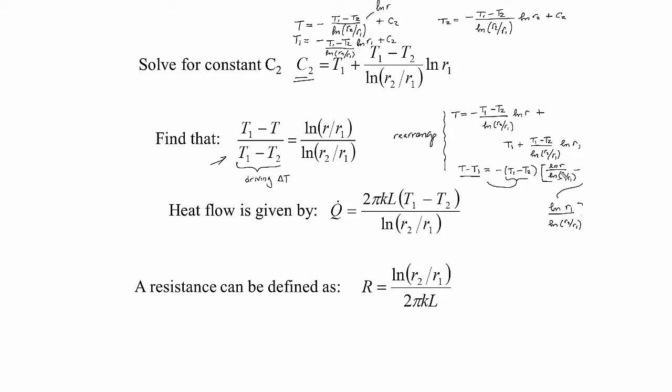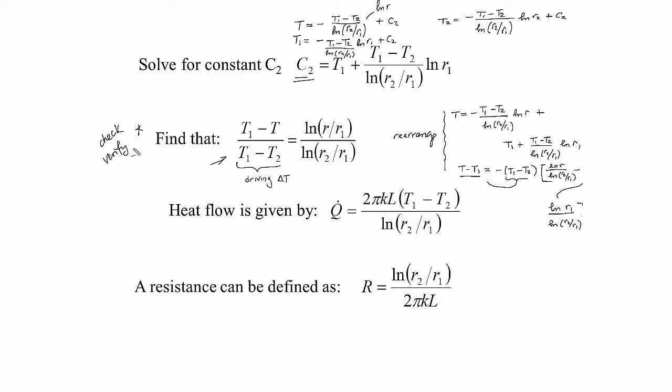What we have left is ln R1 minus ln R. So this is where we're getting these terms. Actually, you see, I changed signs on us. I took this minus sign over here, so that's T1 minus T, and so I get ln R minus ln R1. This is ln R over R1 over ln R2 over R1. So check this. Make sure that you understand this. So verify.